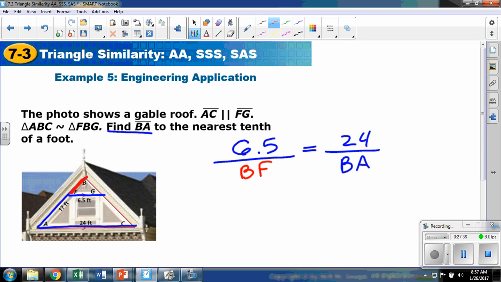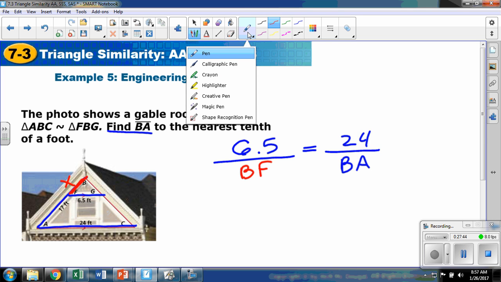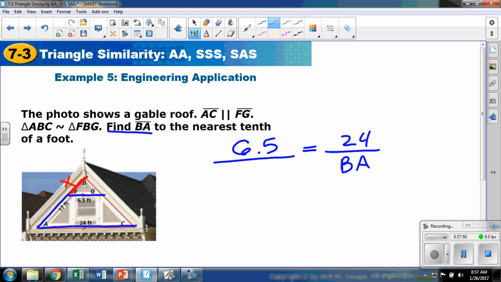So this piece, length BF, I'm going to call just X. That would allow me to rewrite this as 6.5 over X. I could then make the observation that the entire side BA are those two chunks together, just using the segment addition postulate. And so BA will be the component 17 plus X. And now we've got it down to just one variable.